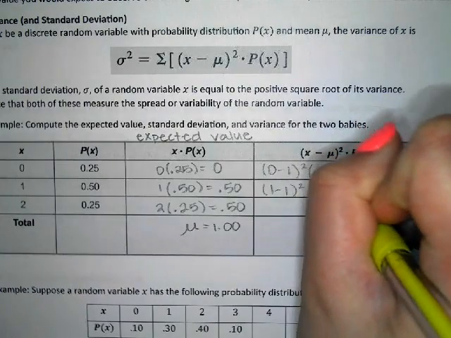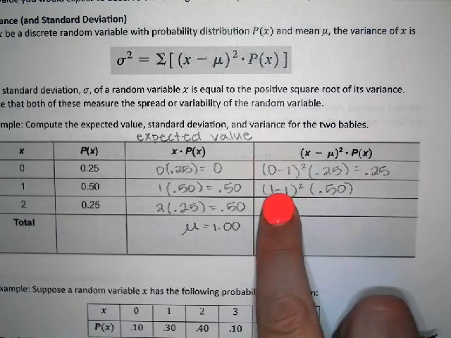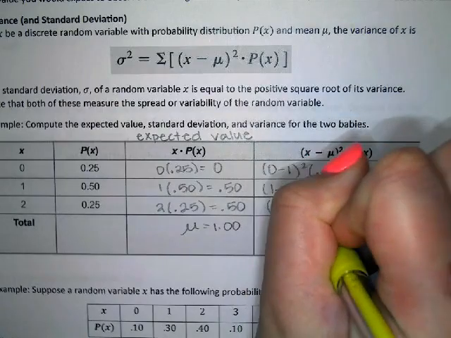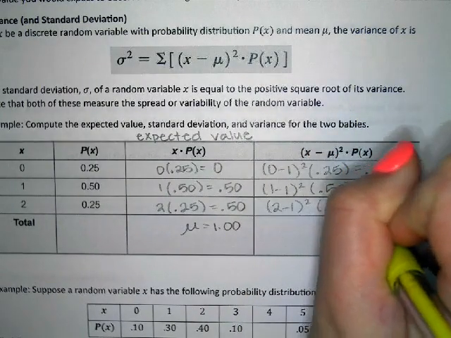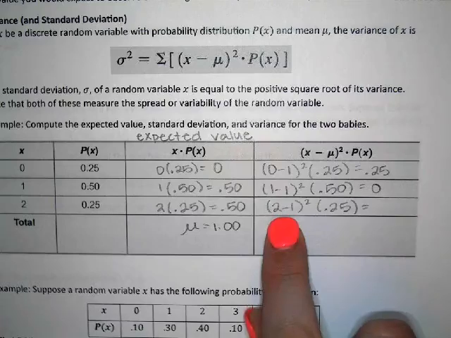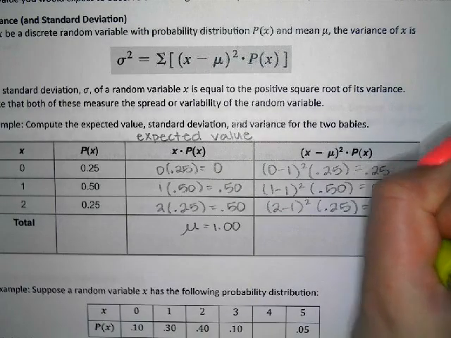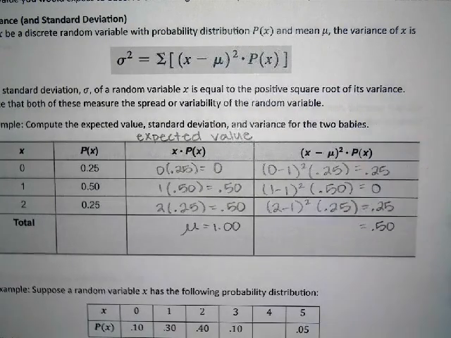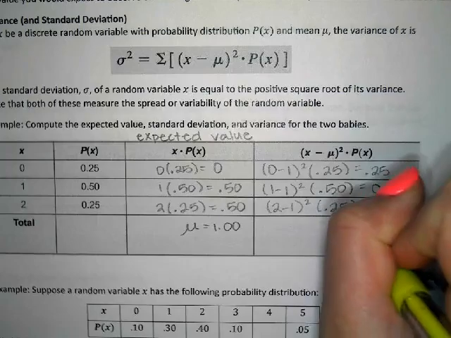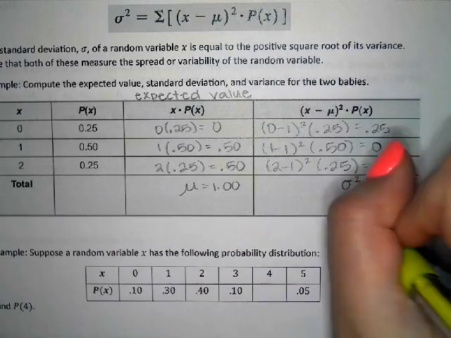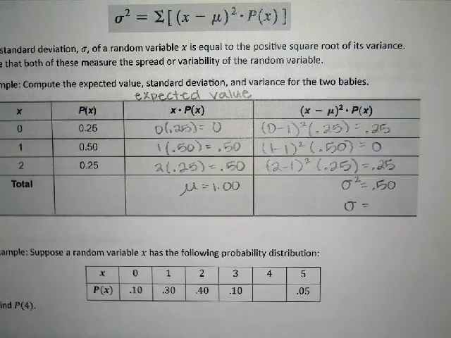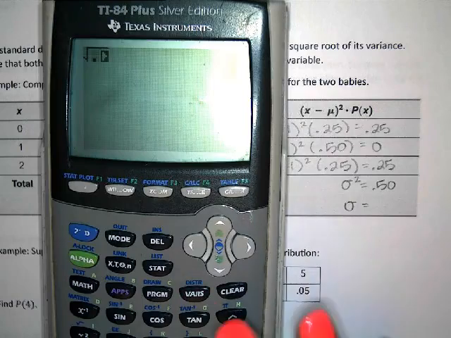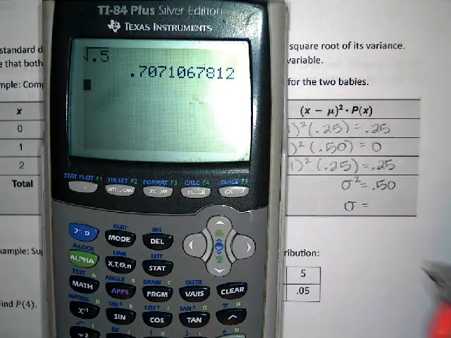So that's 0, which is going to zero out the whole thing since they're multiplied. And this is 1. 1 times 0.25 is 0.25. So sum those up, we get 0.5, and that is the variance or sigma squared. And then for sigma, I get 0.7.